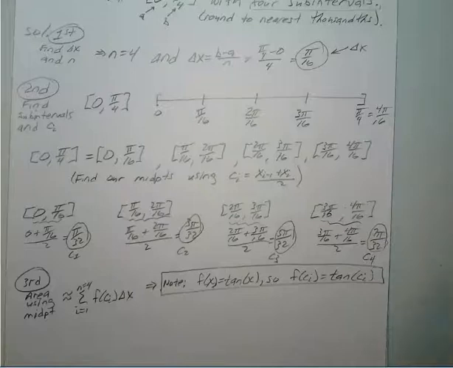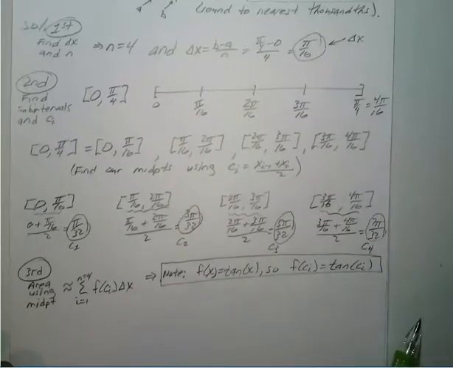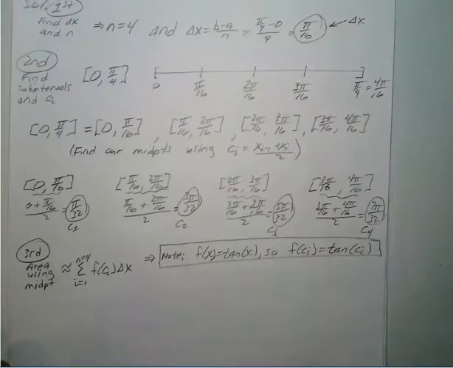So we're going to solve for C sub 1, C sub 2, C sub 3, C sub 4, all multiplied by our delta x.